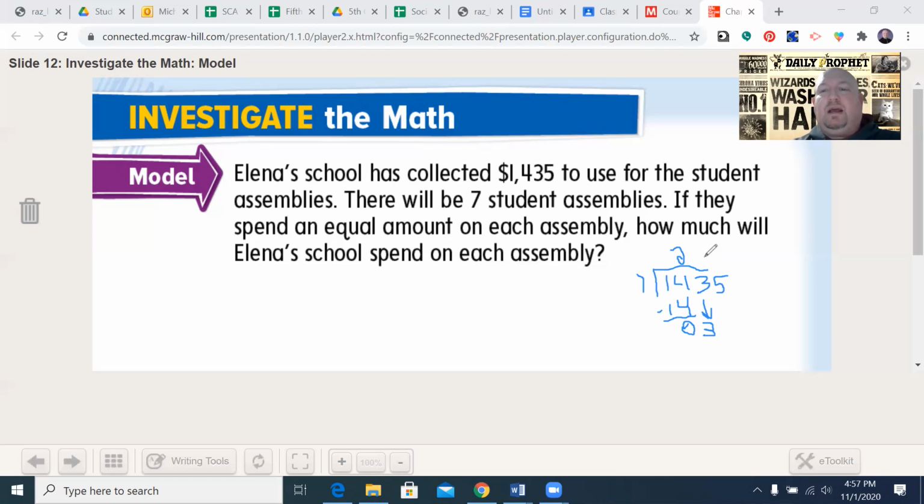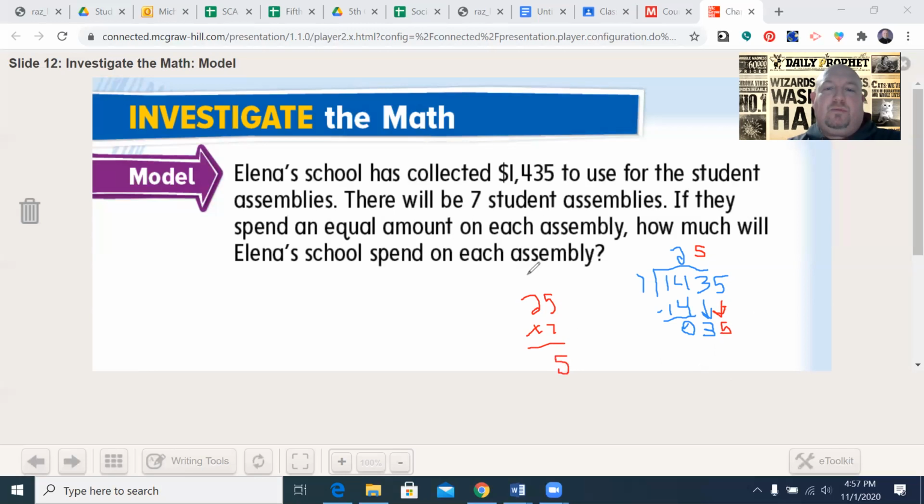Because by the time I worked it out and had 35 and put a 5, and let me change the color so you can see the error. If I work through here and had the 35, get the 25, it would come out to no remainder. 25 times 7: 7 times 5 is 35.